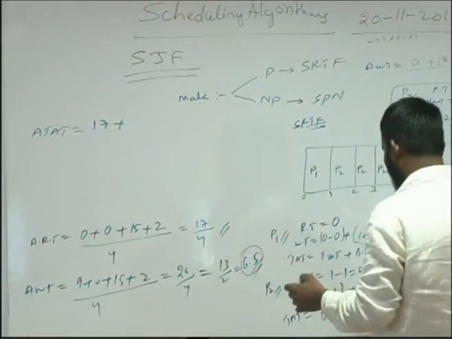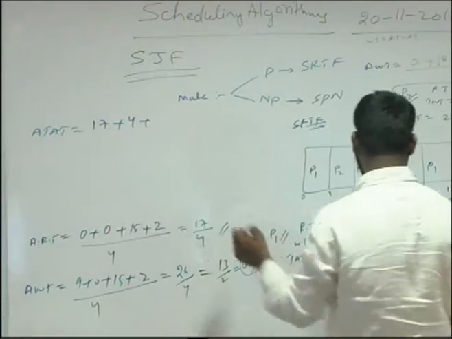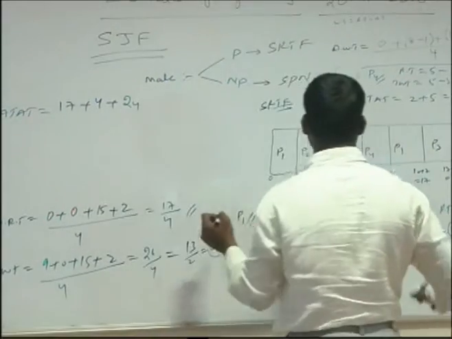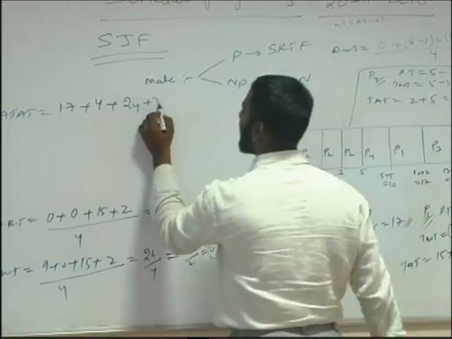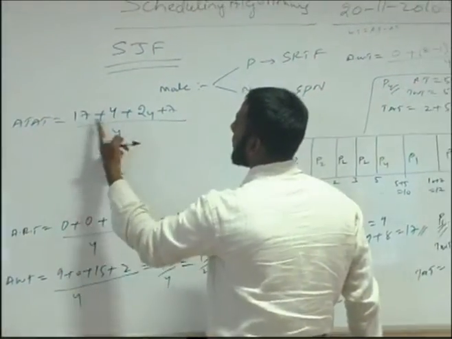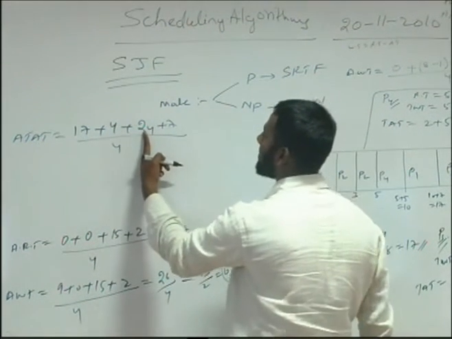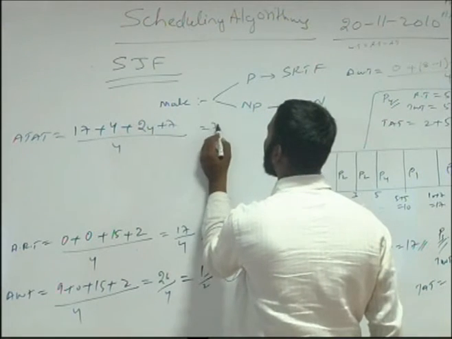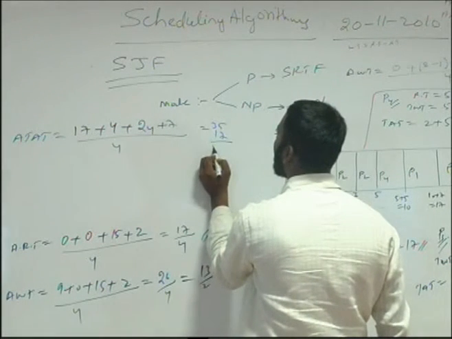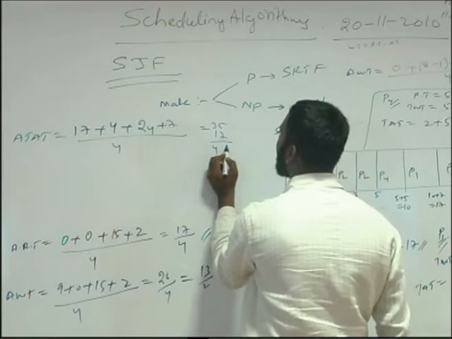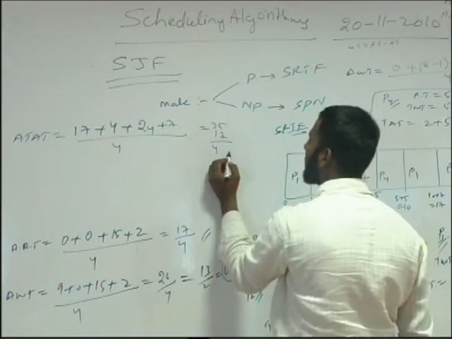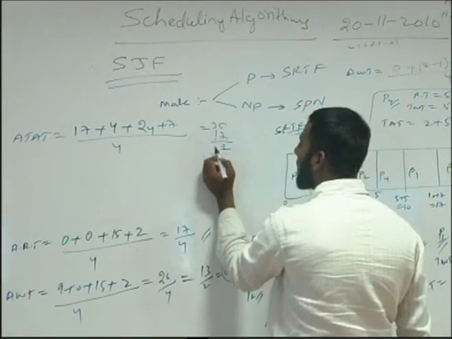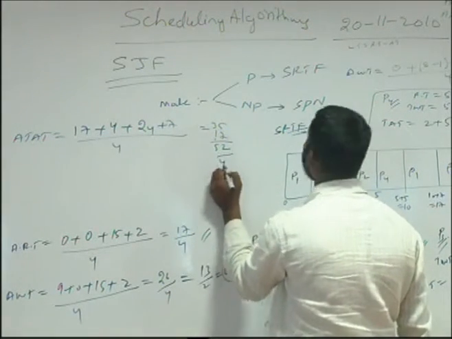For process P2, it is 4 only. For process P3, it is 24. For process P4, it is 7 only. So 24 plus 17 plus 4 plus 7, that is 52, divided by 4.